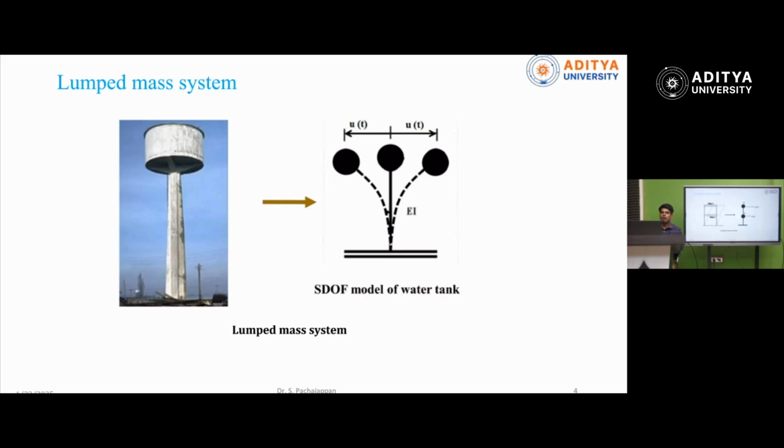So here we have the mass 1 and mass 2. So mass is lumped at the floor level. And then the mass 1 at the location 1 is going to produce the displacement 1. And at the location 2, mass 2 is going to provide the displacement 2. So it is considered as a 2 degree of freedom. So degree of freedom means number of independent coordinates required to specify the motion of the system. That we'll see in the upcoming slides.